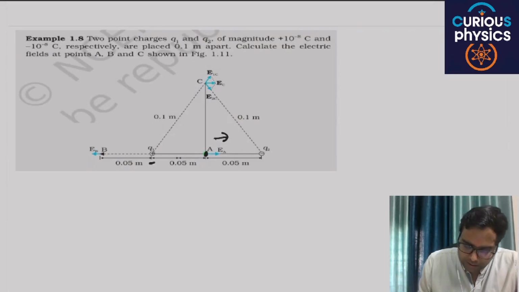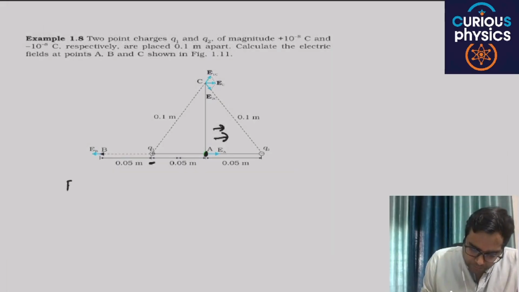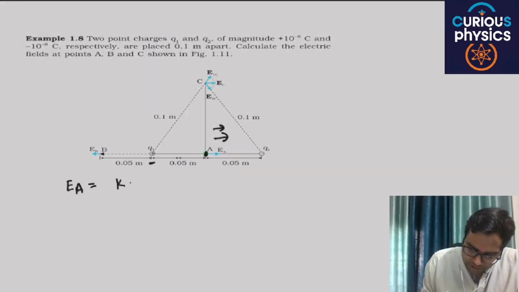So here the electric fields will add. The arrow shows the direction and the magnitude. We know the formula KQ by R square. So at this particular point, EA will be K times 10 raised to power minus 8 over 0.05 meter whole square due to minus Q2. For the positive charge, again K times 10 raised to power minus 8 and the distance is the same, 0.05 whole square.